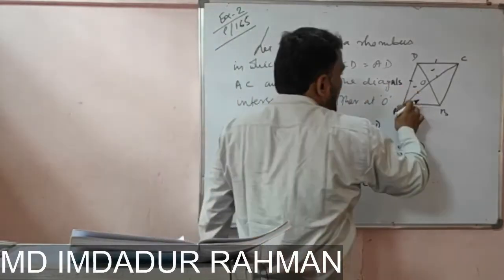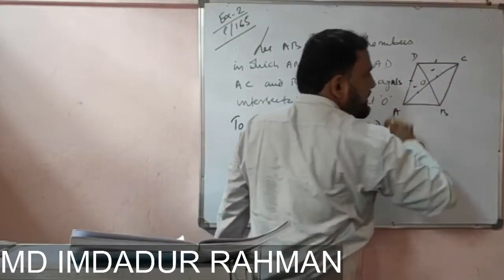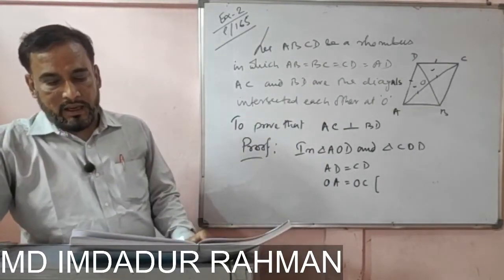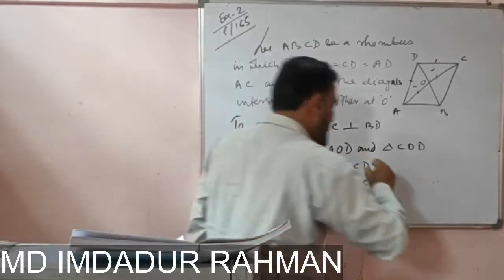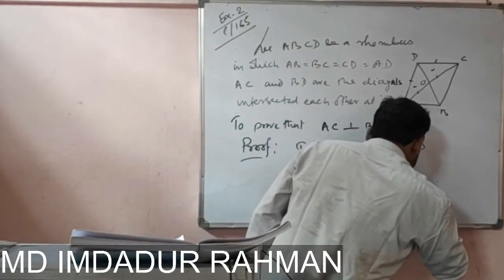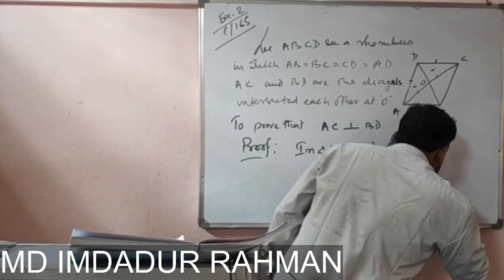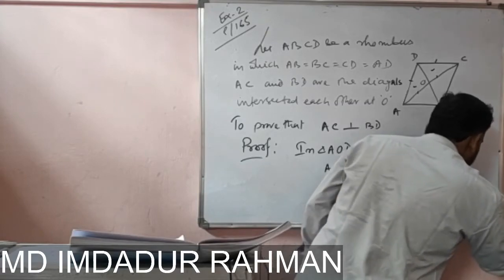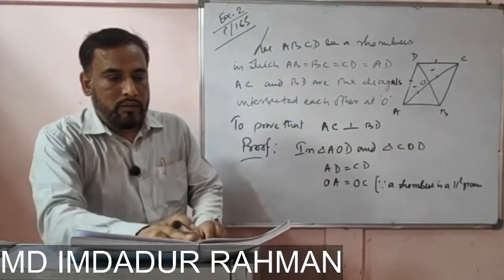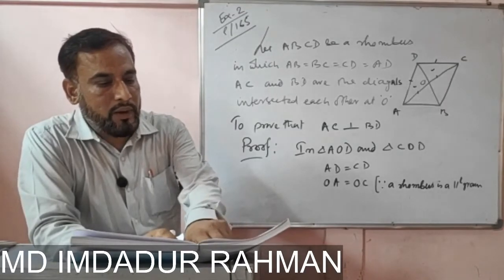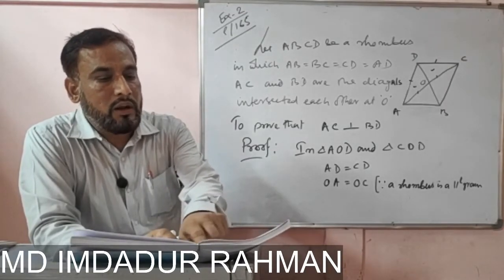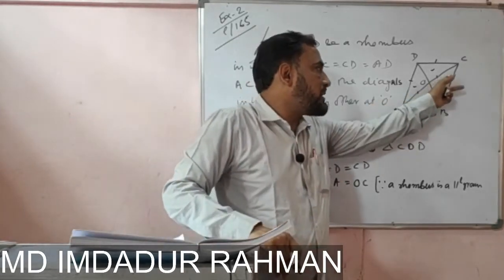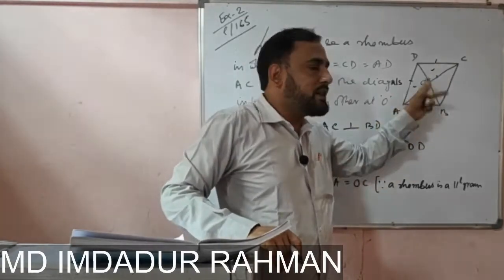Rhombus ABCD is nothing but a parallelogram. Since a rhombus is a parallelogram, and we just proved the theorem that the diagonals of a parallelogram bisect each other, AC is the diagonal of ABCD.